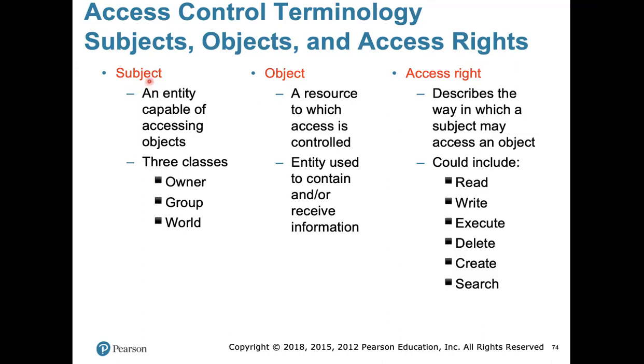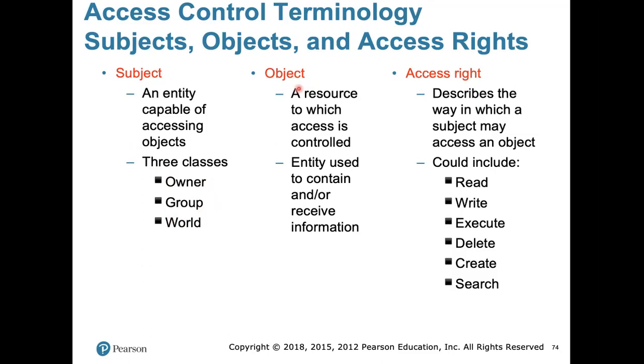So we call all of them subject. Any entity which is capable of accessing an object. And we have three classes of subjects. We have owner, we have group, and we have world. Owner means that the subject is the owner of that resource. So of course, the highest level of access should be granted to the owner. Group is a set of subjects which are in a group, and they have some levels of access to that. And the world means everybody other than the group.